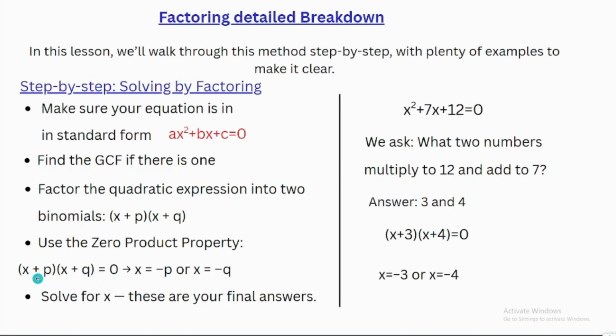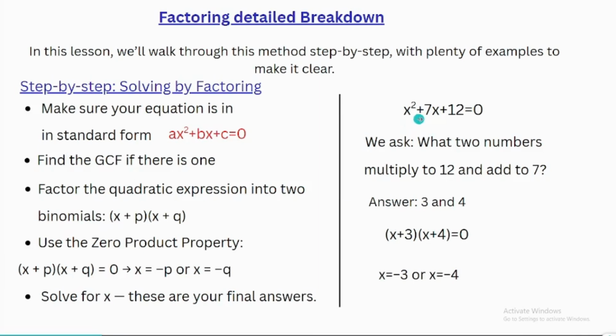So the first parenthesis equals 0 or the second equals 0. From the first parenthesis we get x equals minus p, or from the second we get x equals minus q. Solve for x. These are the final answers.